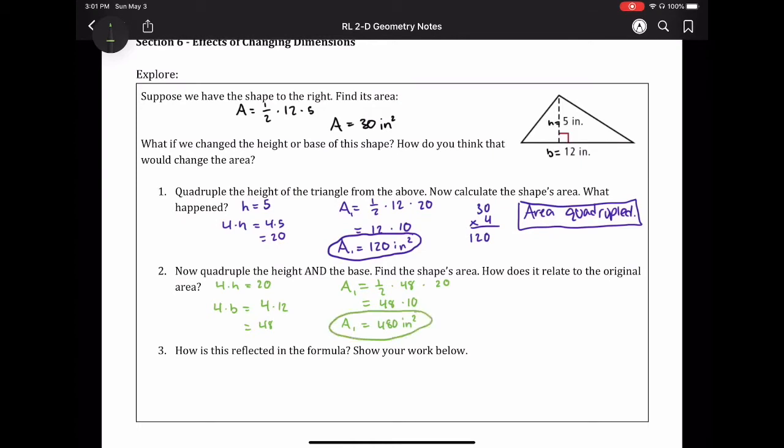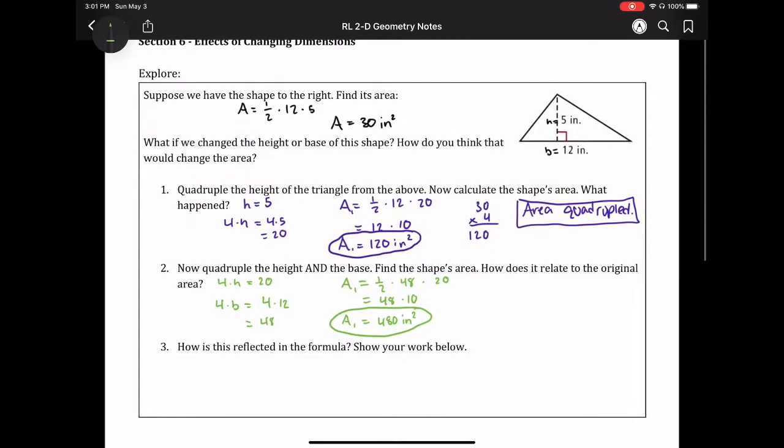All right, so 480. How does this relate to the original area? This might be one that trips you up a little bit. 480 divided by 30 from our original area is equal to 16. So there isn't a direct number where we're changing things, but what you have to recognize is that we did 4 times something and 4 times something.